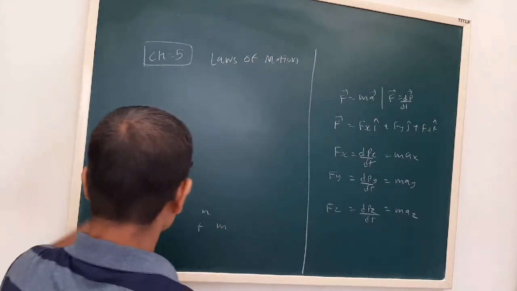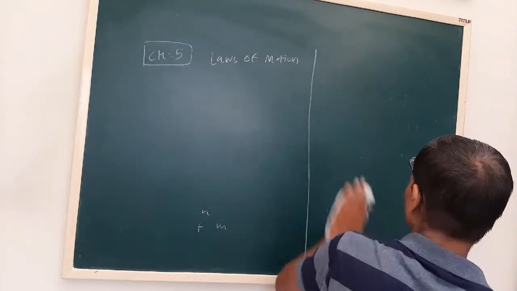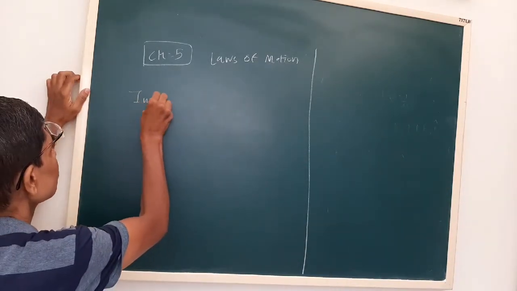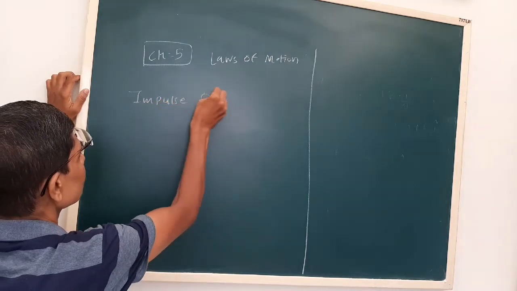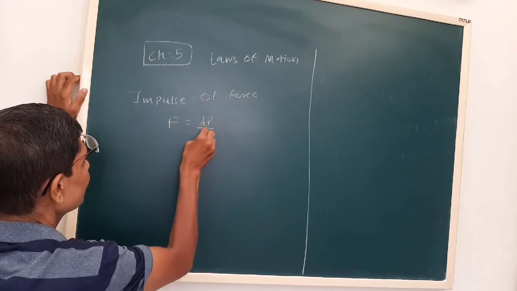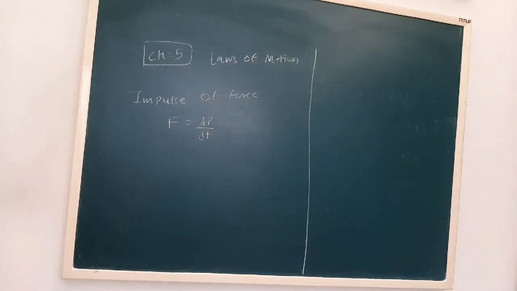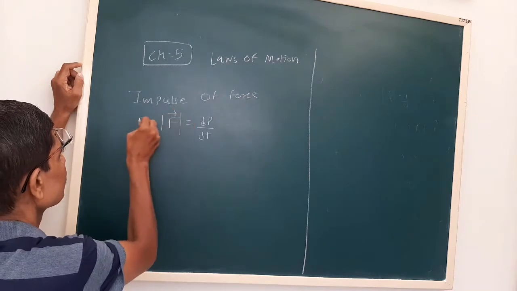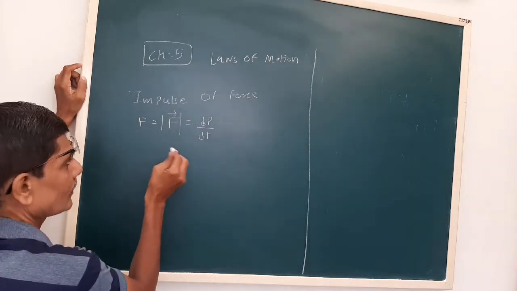Now we proceed further. Next we have to see the impulse of the force. We have seen F is equal to dp by dt. Right now I talk about the magnitude part only. So F dt is equal to dp.